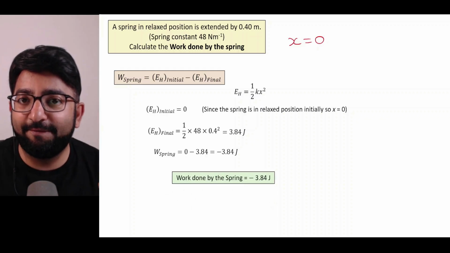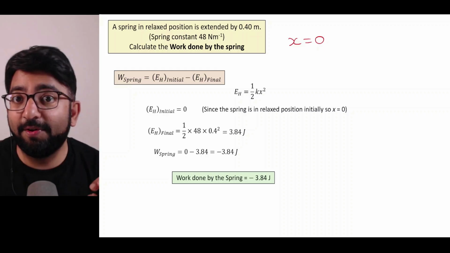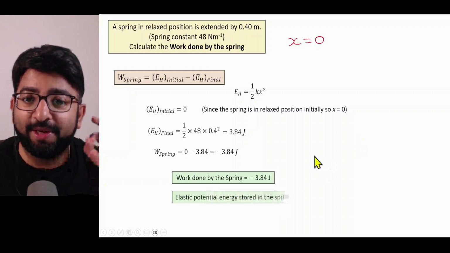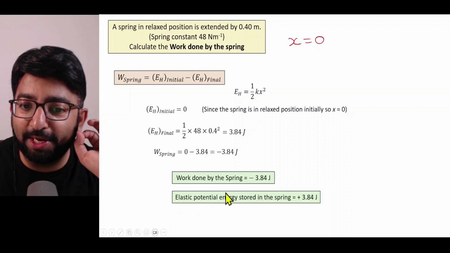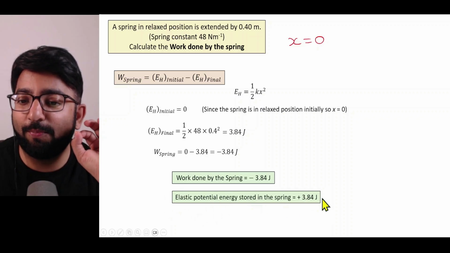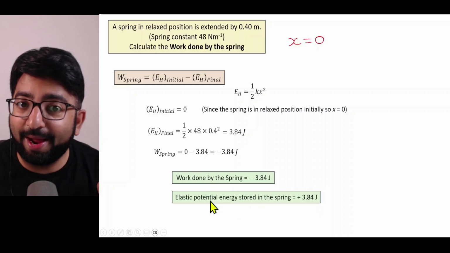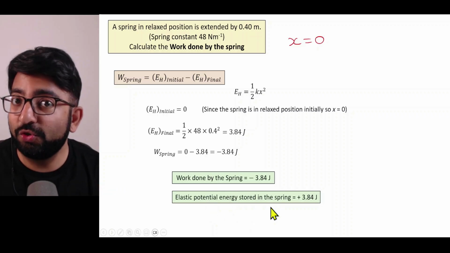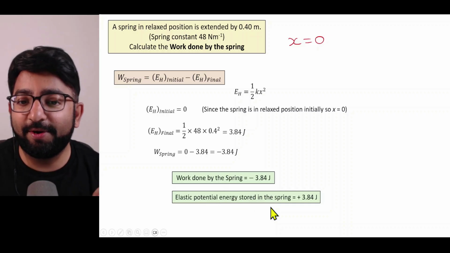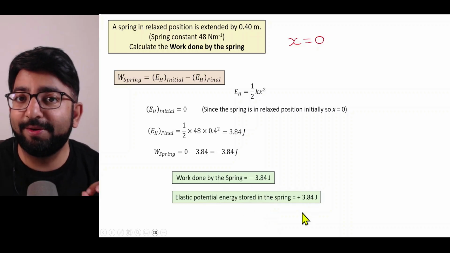Now, the same question we had done a while ago, where we found the elastic potential energy. There we found the elastic potential energy was positive 3.84 joules. So, if you analyze, the work done by the spring and the elastic potential energy stored in the spring have different signs. One is negative and the other one is positive.